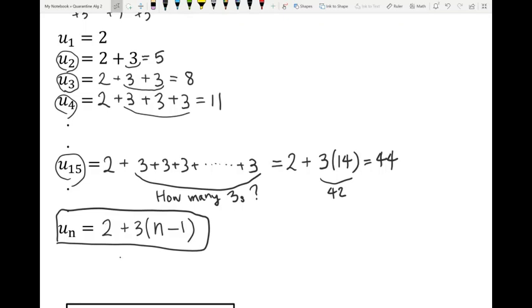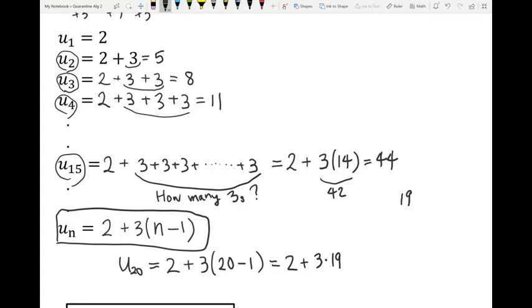For example, if I ask you to find the 20th term of the sequence, then you write u sub 20 equals 2 plus 3 times n is 20, so 20 minus 1, which is 19. So you've got 2 plus 3 times 19.